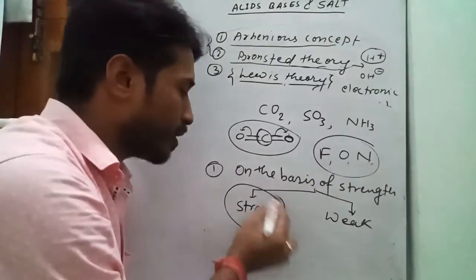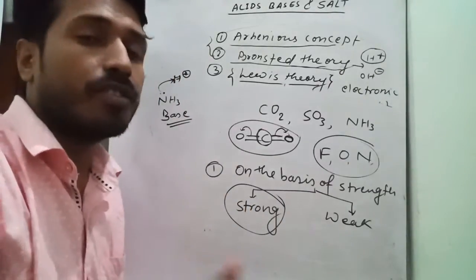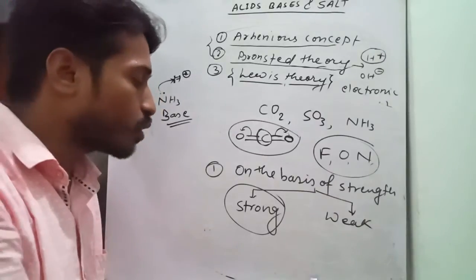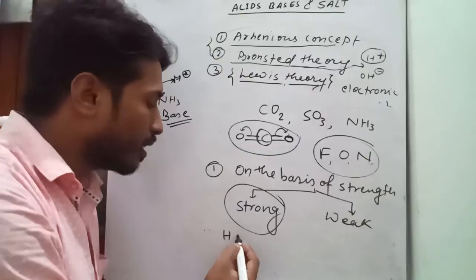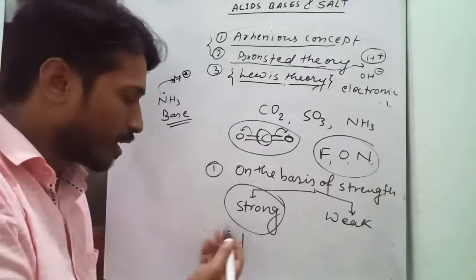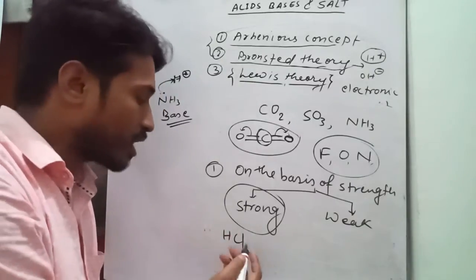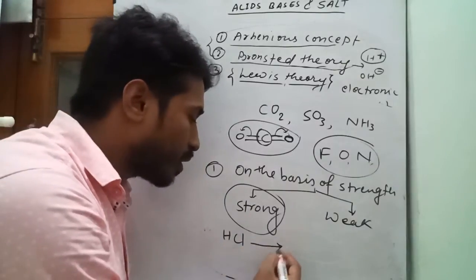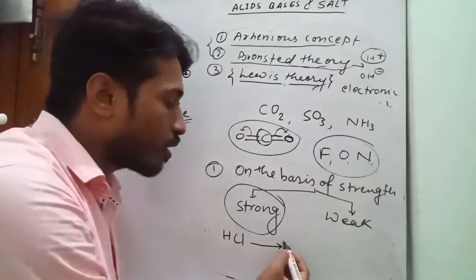Strong acid, what does it mean? Strong doesn't mean that it is very corrosive. It is nothing like that. So strong acid means what? If you take one of the acids, let us suppose I have taken HCl, and if you dissolve it in a particular solvent, then what will happen?